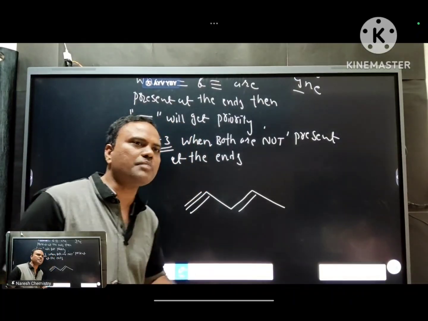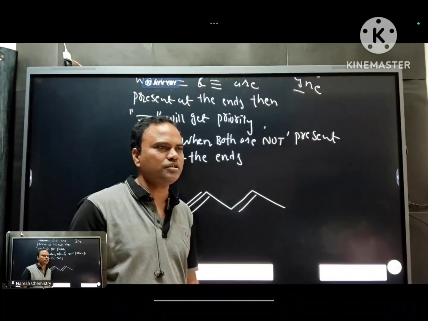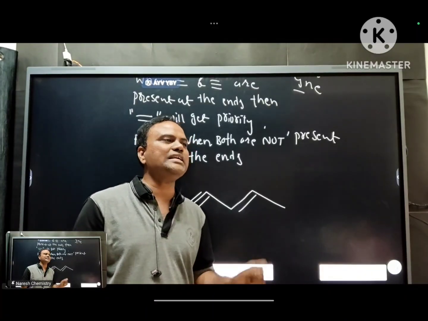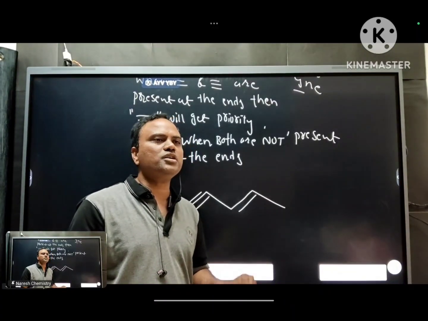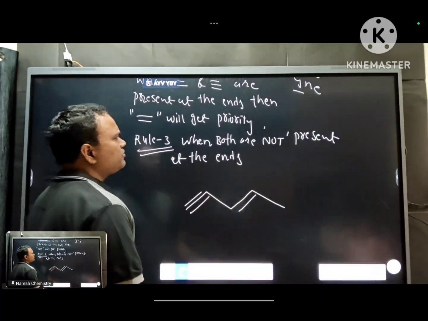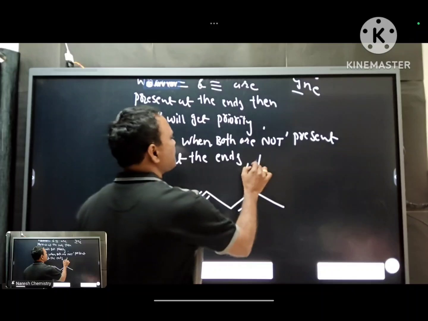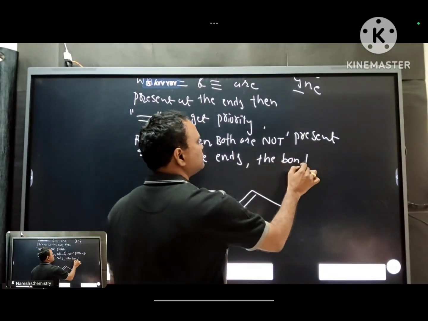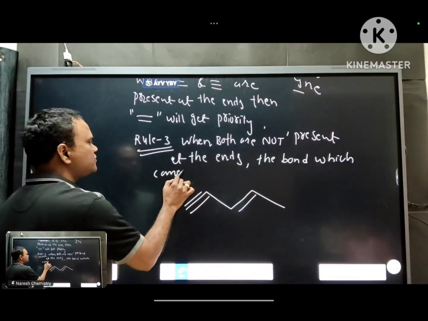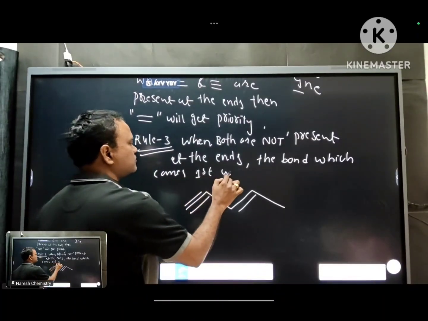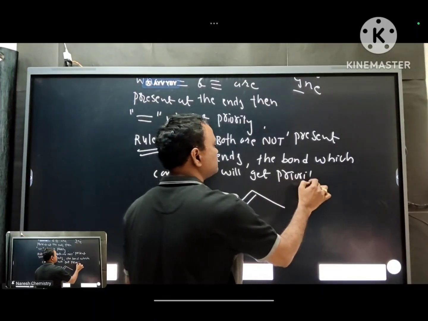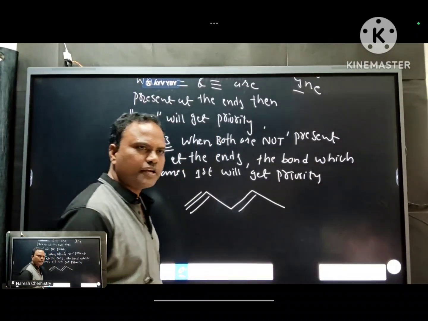No. Which is coming first will get priority. Got it? So what is the sentence? When both are not present at the end, the bond which comes first will get priority. So left to right or right to left?